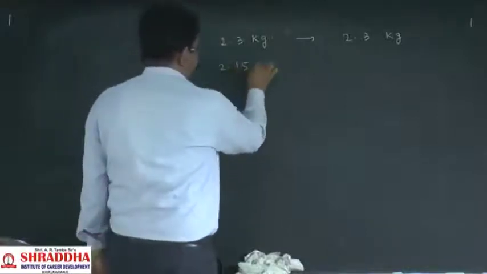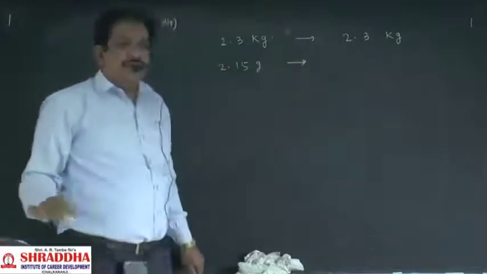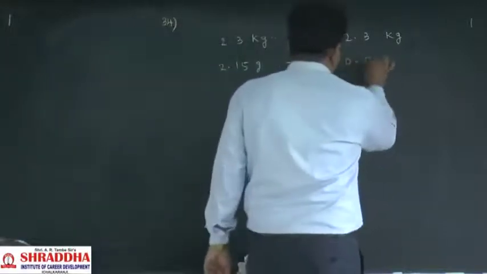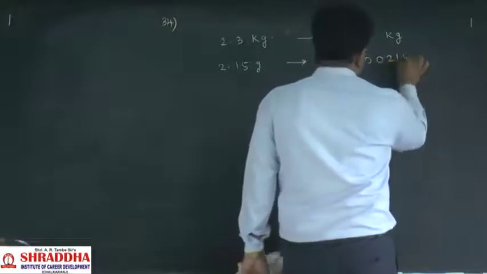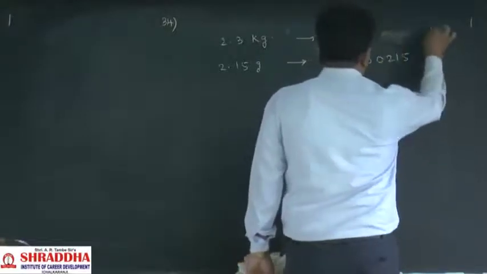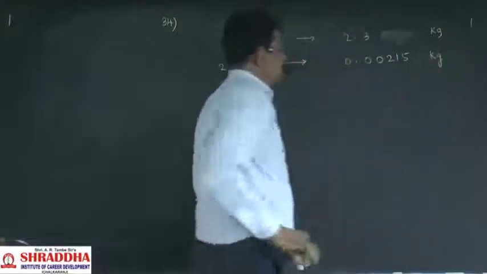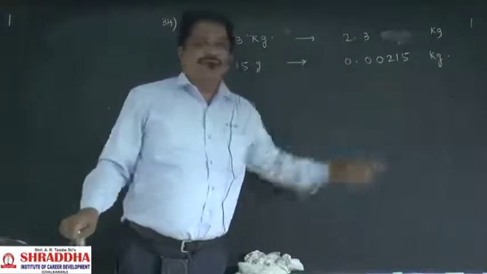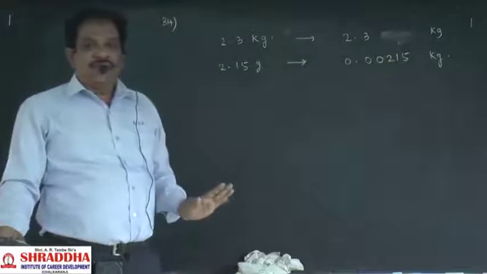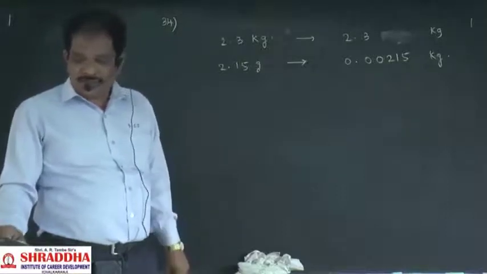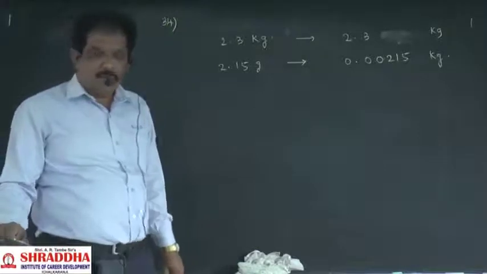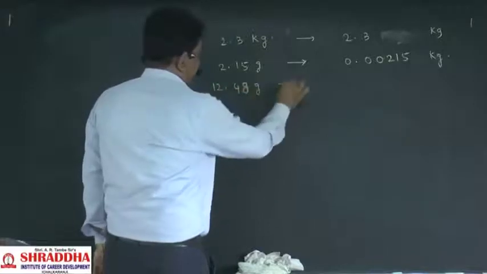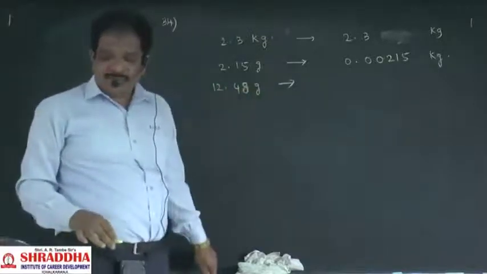2.15 gram. This will be into 10 power minus 3. So this is 0.00215 kg. It is having two significant figures. It is having three significant figures. No need to modify that. Next number will be 12.48 grams.